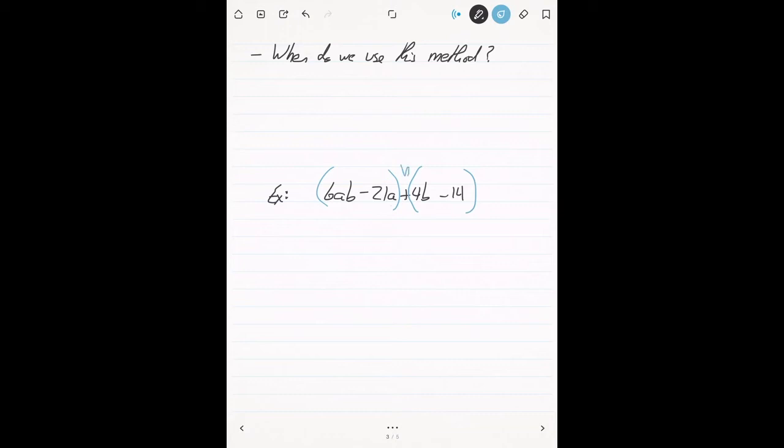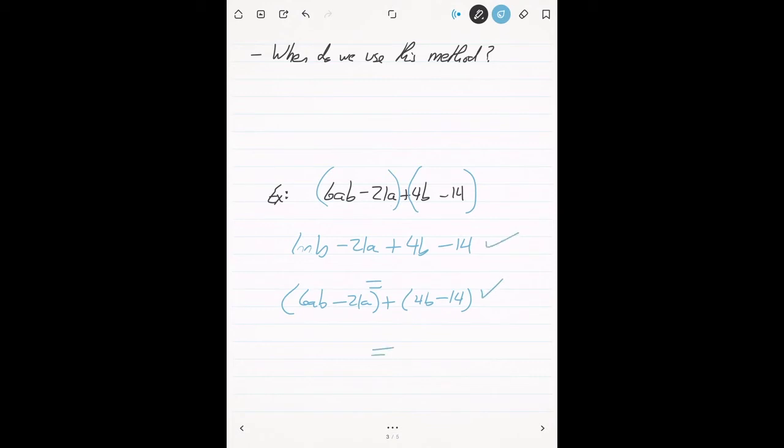Please note here that I have not included the plus sign, okay? That's in between the parentheses. I want to make a quick side note that 6ab minus 21a plus 4b minus 14 is the exact same thing as the grouped version. That should be pretty obvious. It's all really just addition and subtraction, so by me throwing in the parentheses, that really doesn't change anything between these, okay?